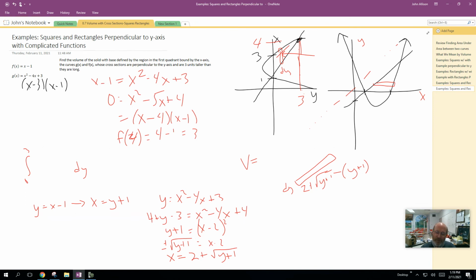And so let's simplify that. It becomes the square root of y plus 1 minus y, and then 2 minus 1 is 1, so plus 1. So that's the height or the length of that rectangle. Let's go ahead and make this the cross section.